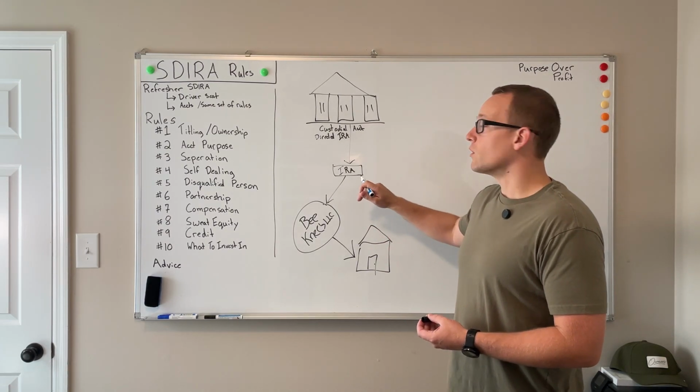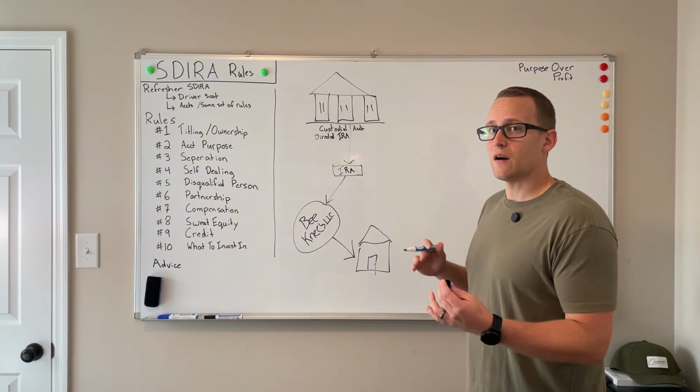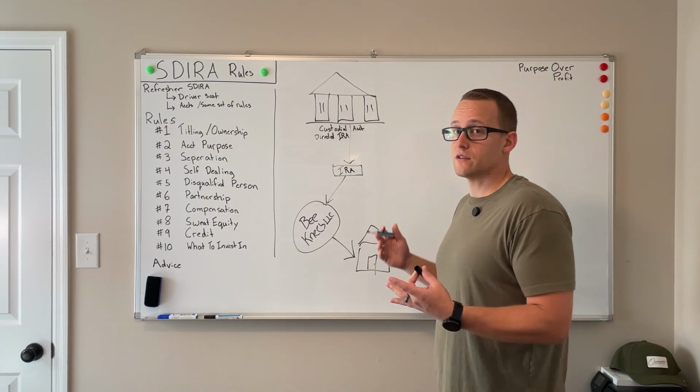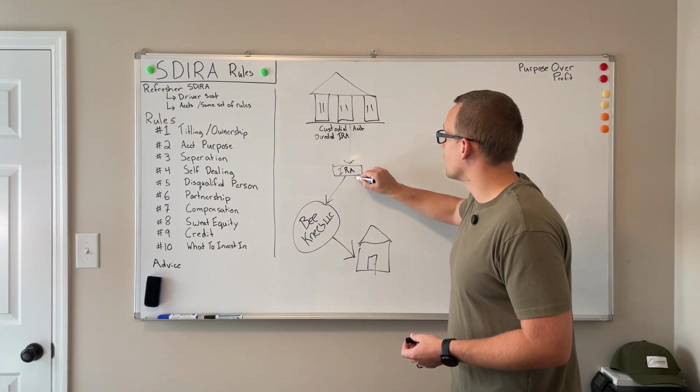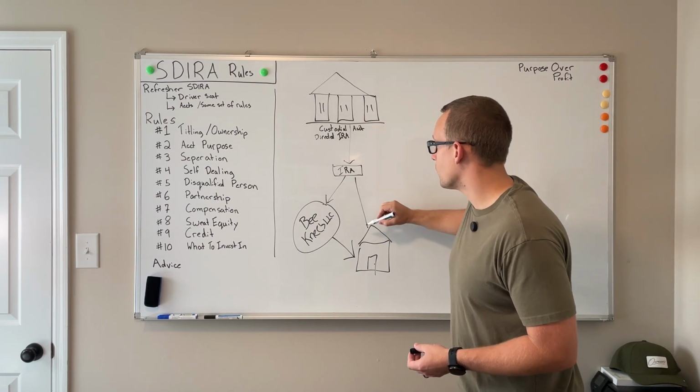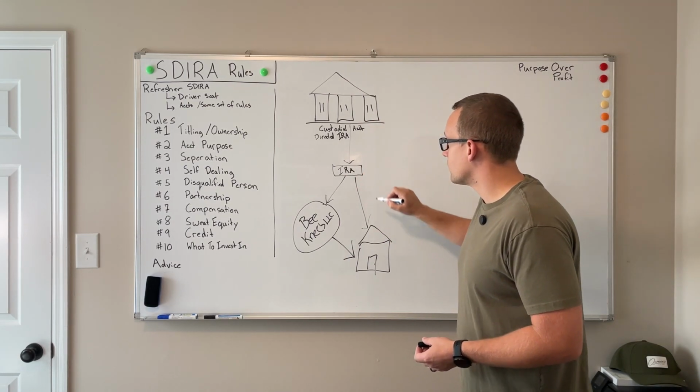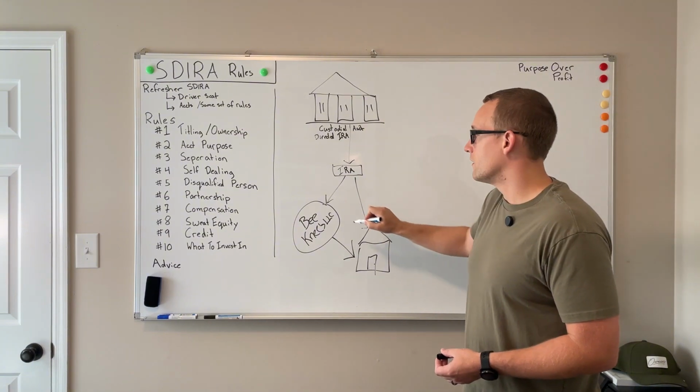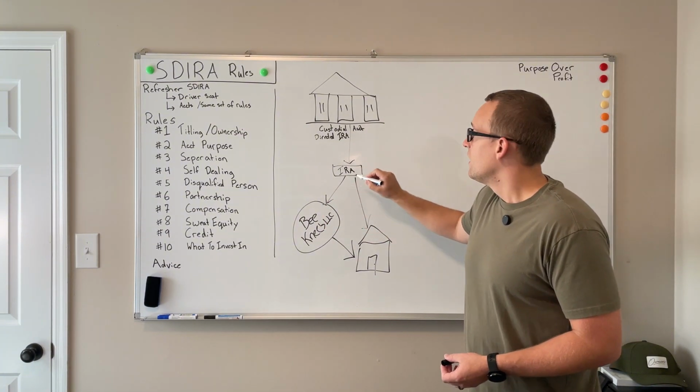Now you can go more of the direct route, and depending on how many transactions you do in your account, this might make more sense. But you can go directly from that company with your IRA, and it's going to be your IRA that owns it. In this case, it's still your IRA on it.